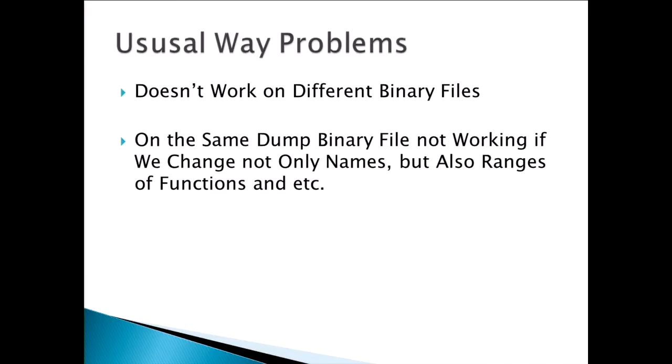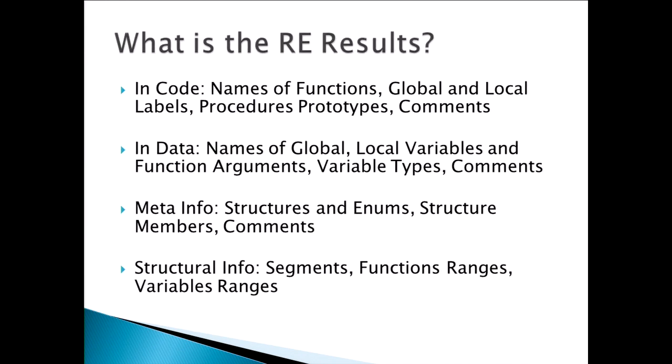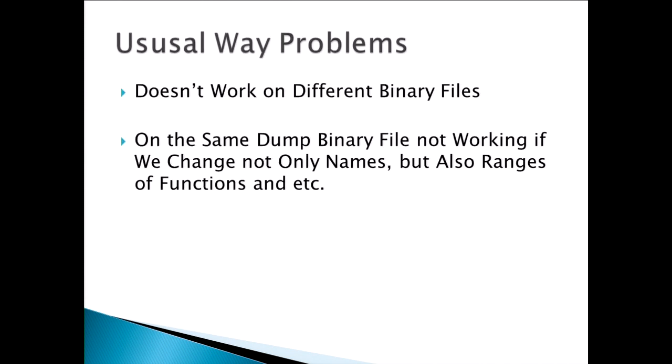The first and main one is that it doesn't work on different dumps, because it is connected to certain addresses. And the second problem is that even on the same dump binary file, it doesn't work correctly, due to those structural differences that we have discovered.